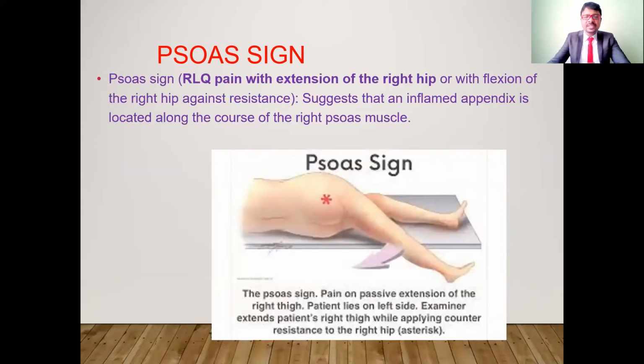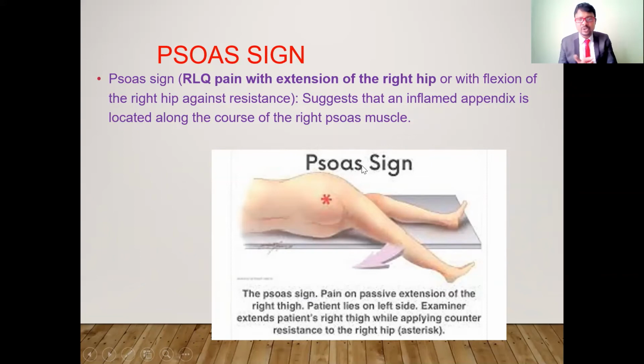So another special test for appendicitis is going to be the psoas sign. This is a special test to identify appendicitis. The patient should be in the side-lying position, for example, lying on the left side, with the right leg in hip extension. Why do we bring it into extension?